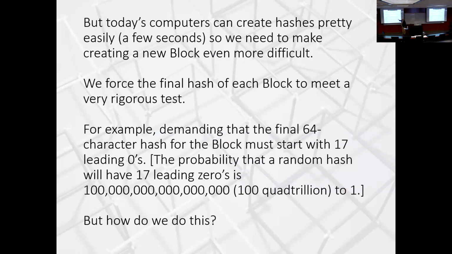The probability of having a random hash start with 17 zeros is 1 in 100 quadrillion. So it's very, very unlikely. Again, the intent is to make it as hard as possible to create blocks on the blockchain, because that helps ensure the immutability of the data that is contained in the block.